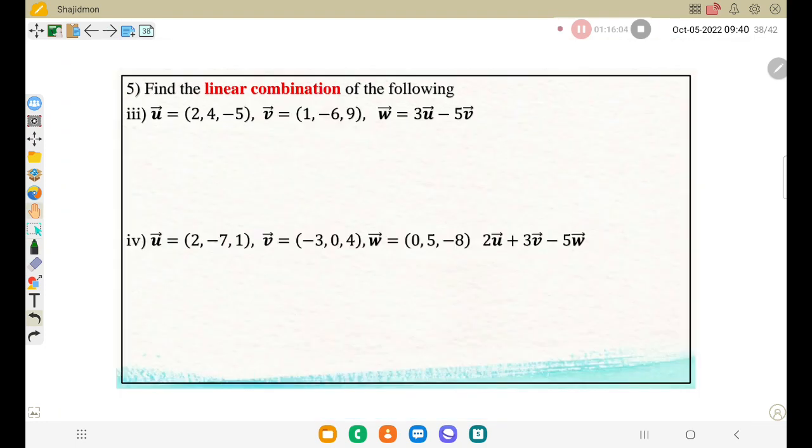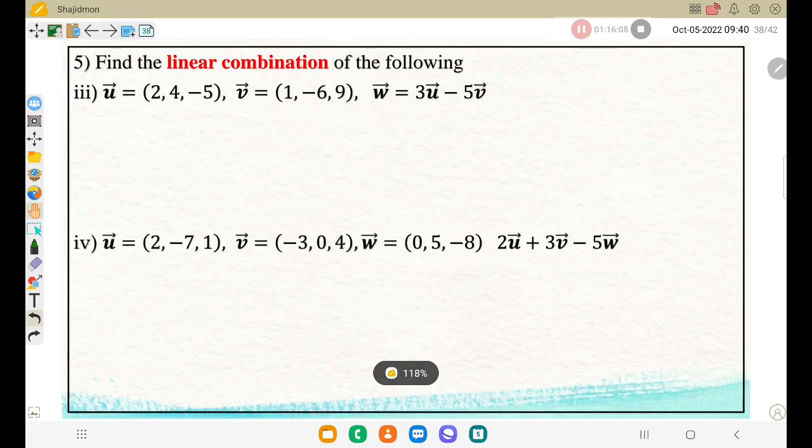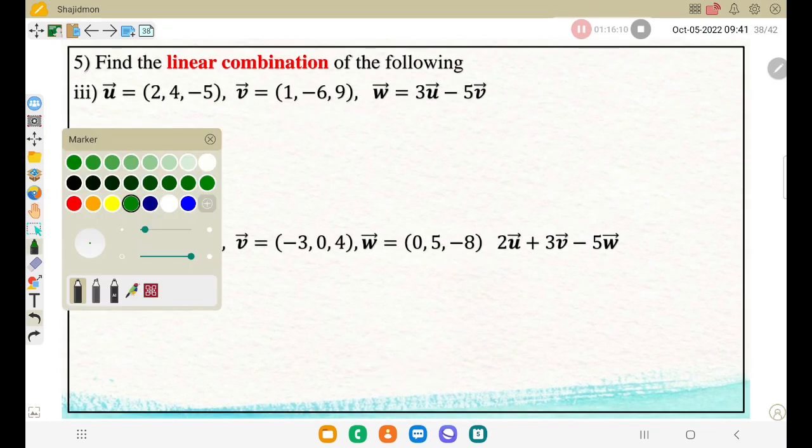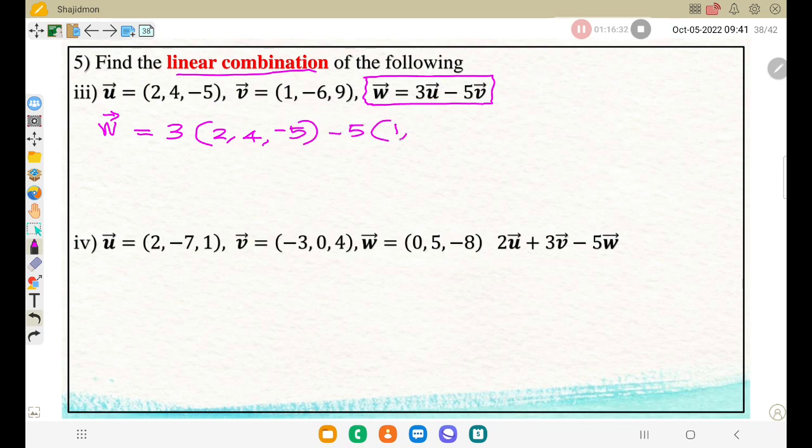Question number 5, same model. Okay. Find the linear combination. Again, what linear combination? w equals 3u minus 5v, correct? So 3 times u vector, (2, 4, -5), minus 5 times v vector, (1, -6, 9).